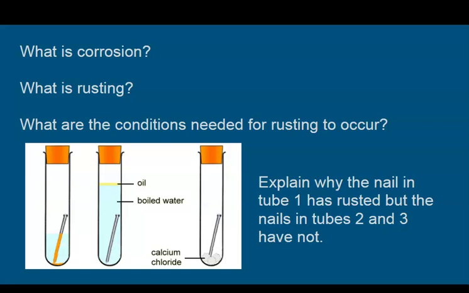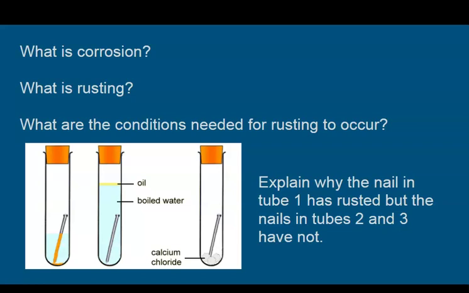And you should know from way back in year 9 what the conditions are needed for rusting to occur. Basically, water and oxygen. What I want you to do is answer the question, explain why the nail, etc., by pausing the video, and then I'll go through the answer.